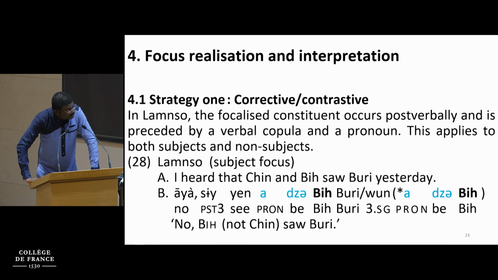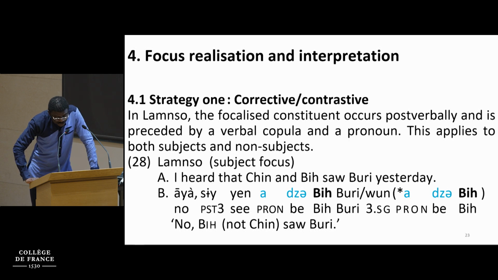So these are the different focus strategies to be discussed here. In Lamso, when you have a post-verbal constituent, that is the context in 28: I heard that Chin and B saw Buri yesterday. If you want to correct it, you have to say something like, no, it is B who saw Buri.